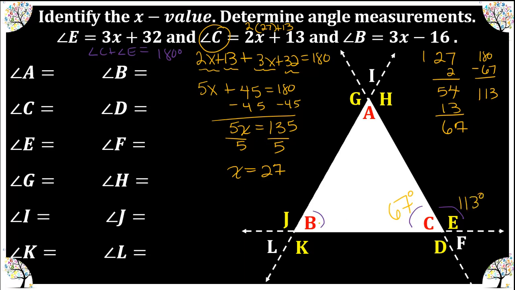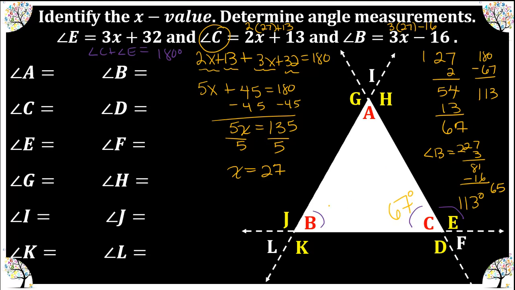Now let's go ahead and calculate B. I'm going to plug in our value of 27. So this is angle B. We have 27 times 3, and then we're going to subtract 16. So that's going to be 65.